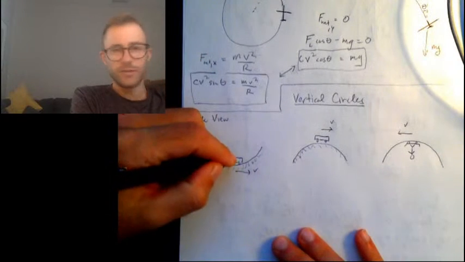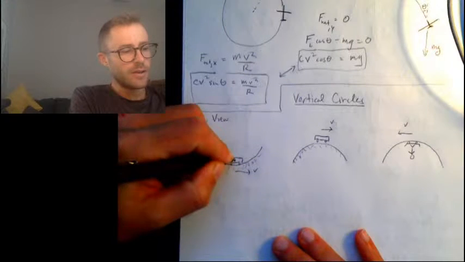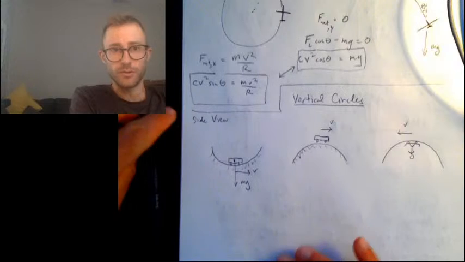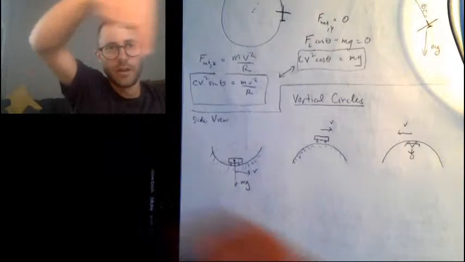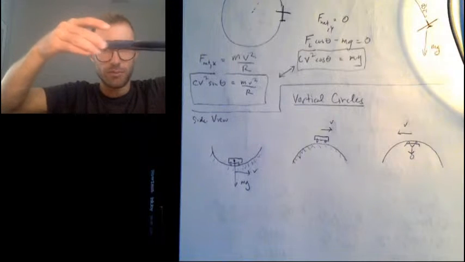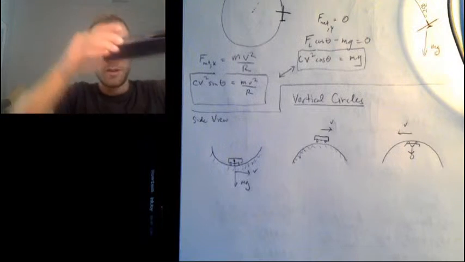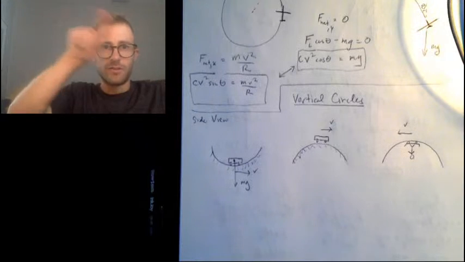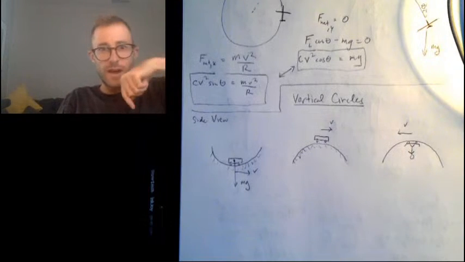In this case, we have a weight force going down. Keep in mind, this is a vertical circle. If you have a horizontal circle, the weight force points perpendicular to the circle, because the circle's in this plane and the weight force is down. If you have a vertical circle, going around like this, then the weight force points down.